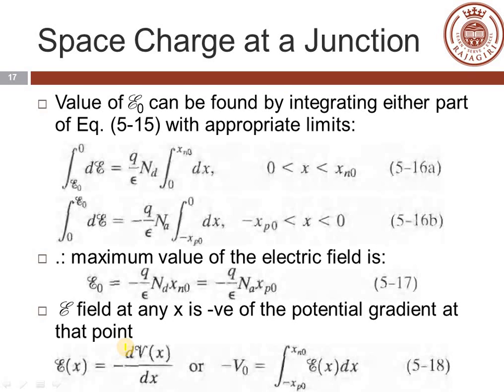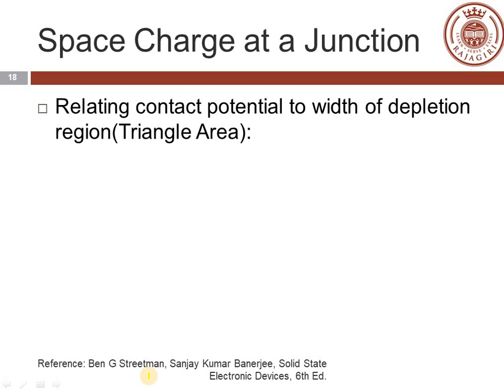Rearranging and integrating this equation, we can write minus V0 equal to the integral from minus xp0 to x0 of E(x) dx, from the p region to the n region. This integral is nothing but the area of the depletion region triangle.